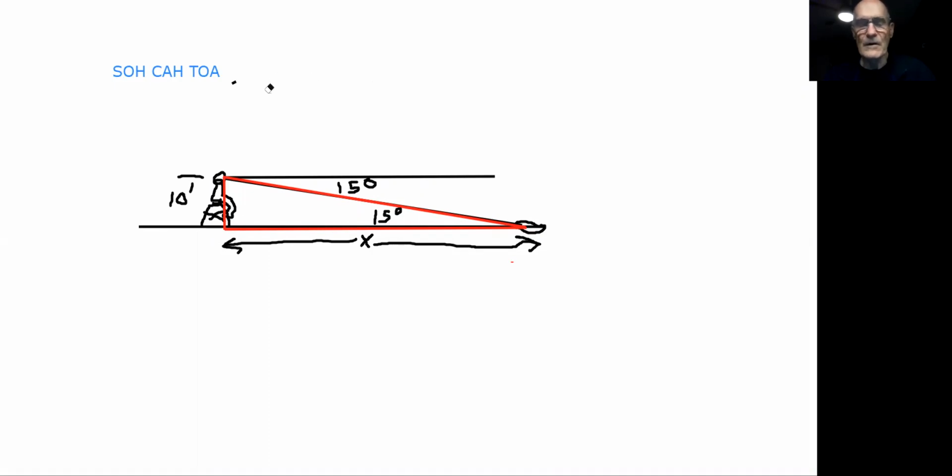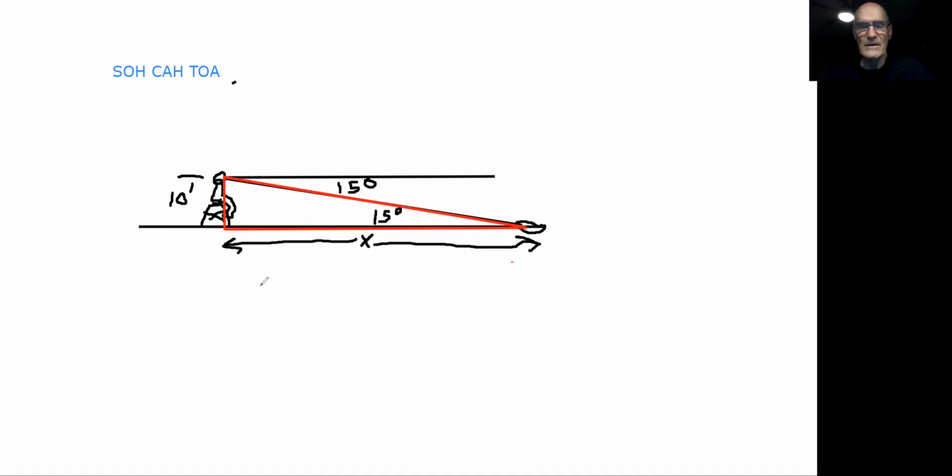So when you look at a problem like this, you ask yourself, I have an angle of 15, I have the opposite side, and I have the adjacent side. The opposite side and the adjacent side, that ratio gives me the tangent.